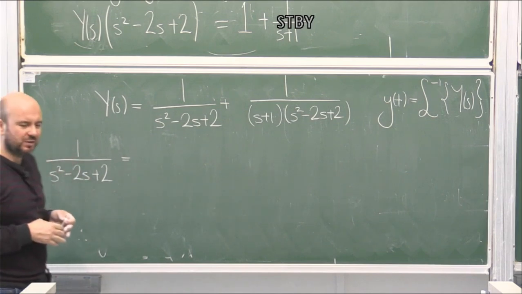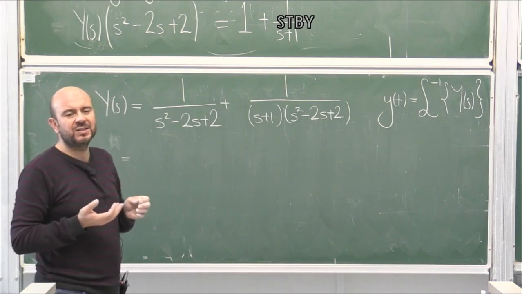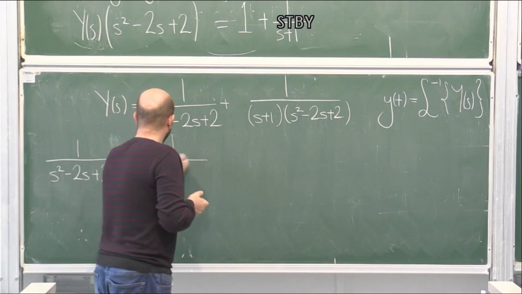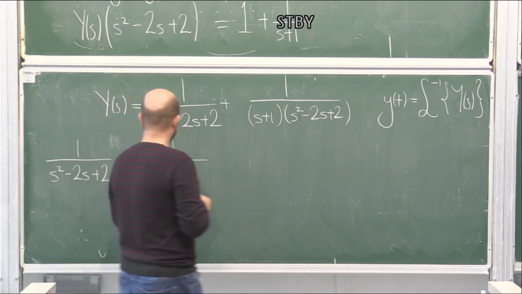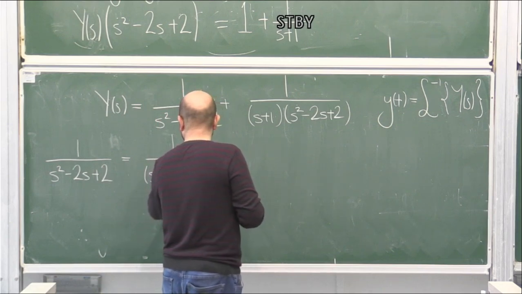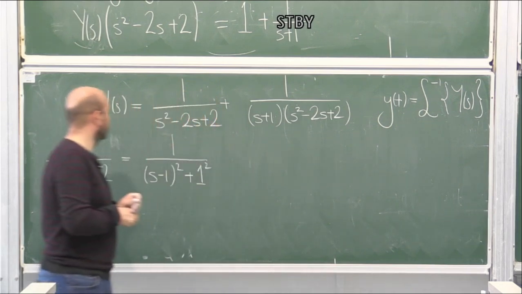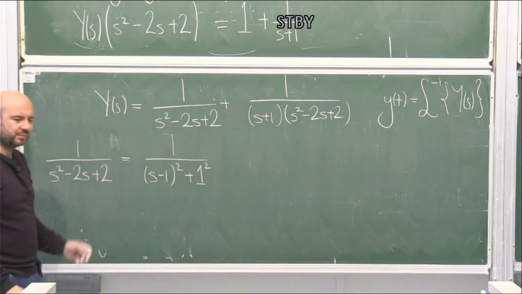And we know that from the partial fraction method, if you cannot factorize, you can write it as a sum of squares. Actually, like the one I did. So if you remember how the characteristic polynomial is written, this is s minus 1 squared plus 1 squared. So I wrote this as the sum of squares.